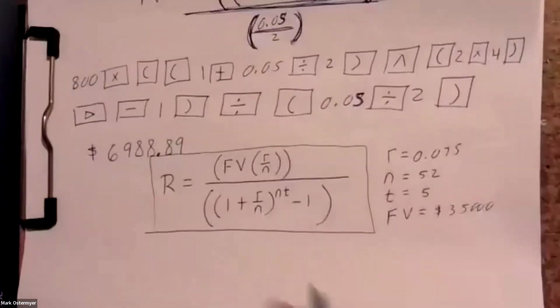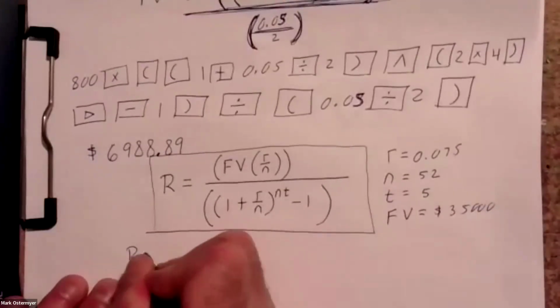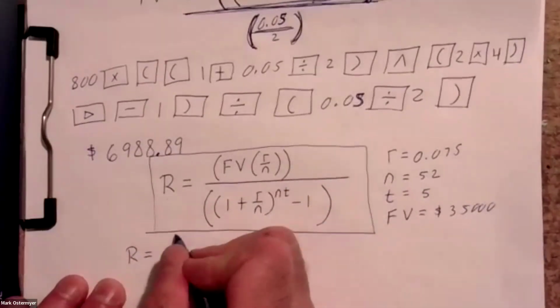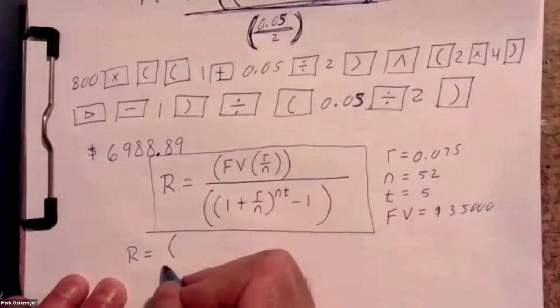Okay, here we go. We just plug things into our formula, get on our calculator, and dial it up. I recommend enclosing this entire numerator inside parentheses.